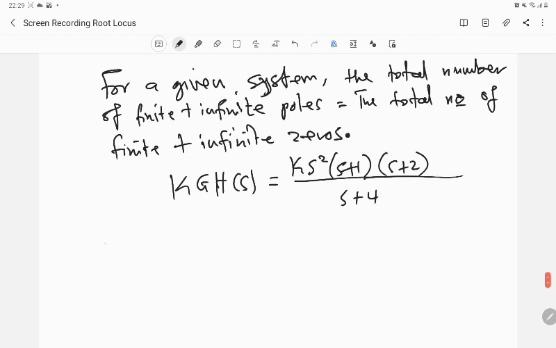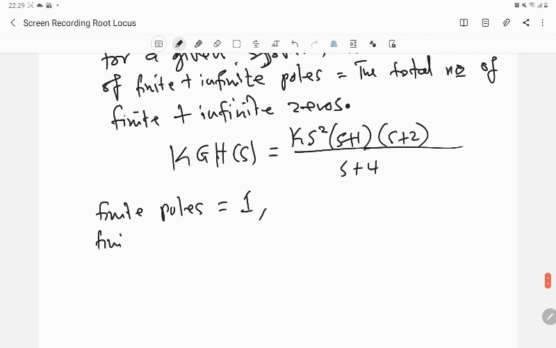Then here the finite poles will be equal to 1, that is at -4, and the finite zeros will be equal to 4, that is at 0, 0, -1, and -2.